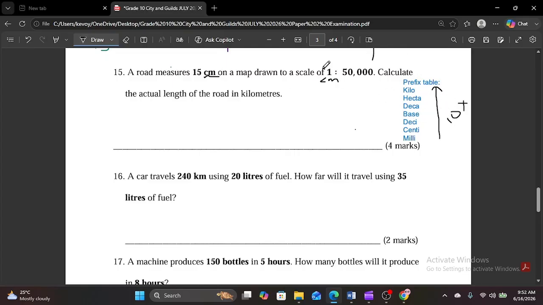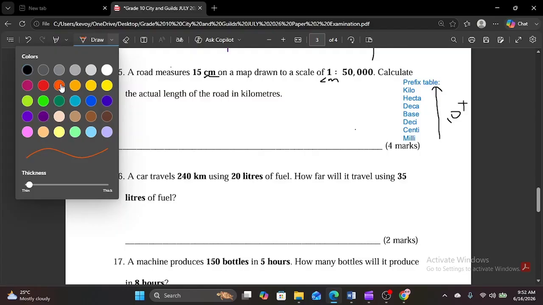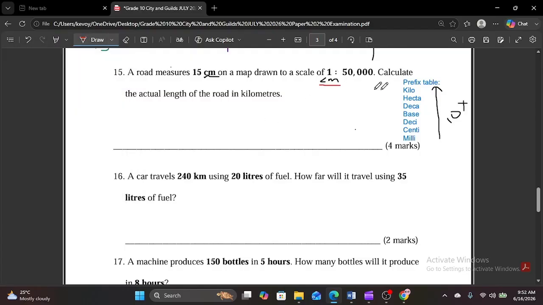So how do we use the prefix table? Since our lowest unit is centimeters, that's going to be my starting unit on the prefix table. And I want to go all the way up to kilometers. So I'm going to start right here. From centi to deci, that's 10, then 100, then 1,000, then 10,000, then 100,000.